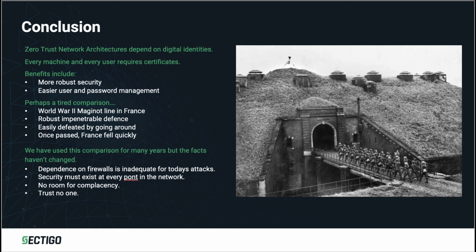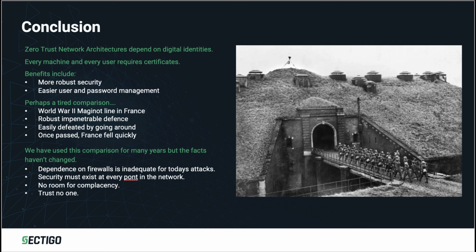That's incredibly true for anybody who has set up a firewall within a corporate environment and then chose to trust the internals of the corporate network way too much. Firewalls are fantastic. You wouldn't build a car without doors, and you wouldn't build an enterprise network without a firewall. It's absolutely the case. There's a lot of great technologies that come with it. But the complete dependence on firewalls is inadequate for today's attacks.